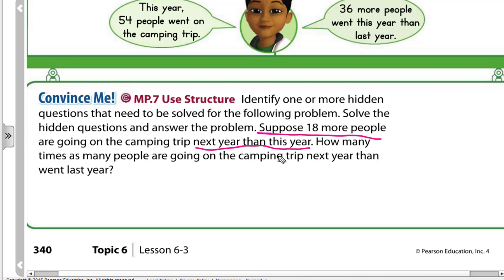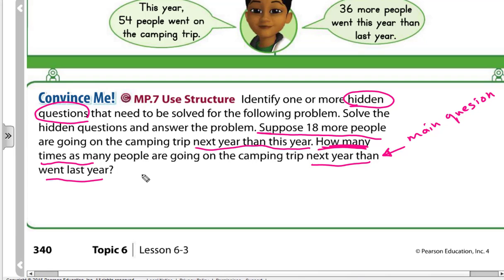Okay, my hero, the first thing, you can see the main question, right? The main question: how many times as many people are going on the camping trip next year than went last year? Okay, so this is the main question. I need now the heading question.